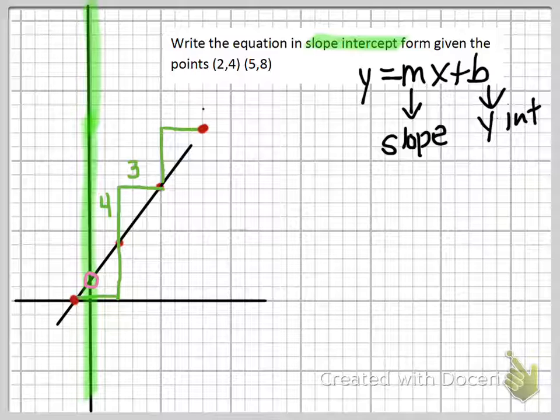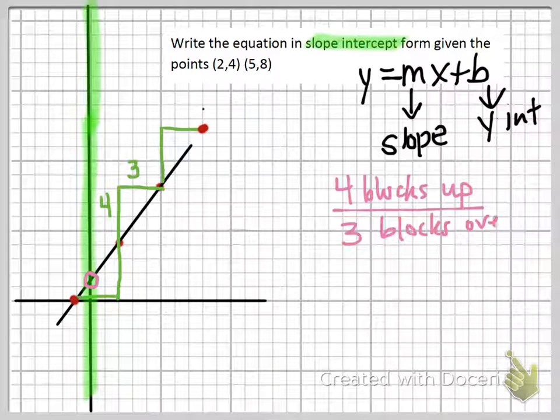We know that the line is changing at a rate of up 4 blocks for every 3 blocks over.